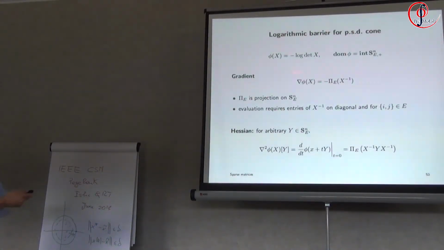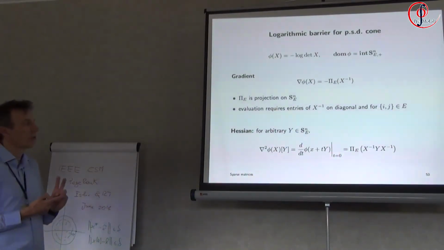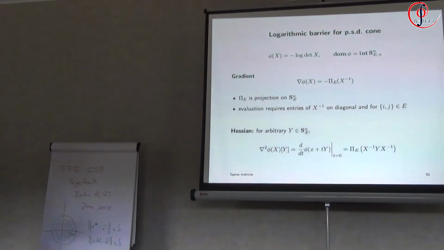If you want to solve conic optimization problems with those cones, then you have to be able to define the logarithmic barrier functions for each of the two cones, and you have to be able to efficiently compute their gradients and their Hessians to be used in an interior point method. The reason why chordal structure is interesting is that all these questions have a very tractable answer if the sparsity pattern is chordal.